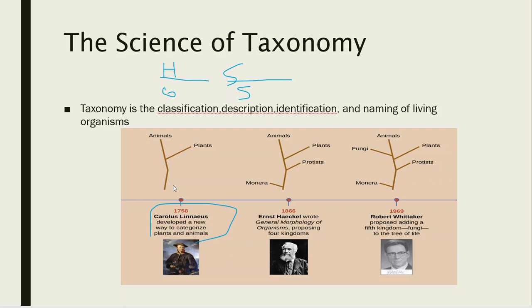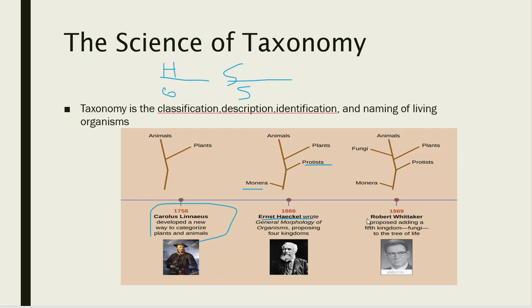Linnaeus is the one who first came up with this. He divided everything into animals and plants, which is pretty reasonable to me. Haeckel came and he decided animals, plants, Monera, and protists, microbes.